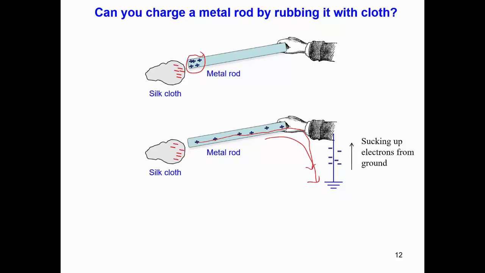Your body provides a path to the ground, so whatever excess charge develops quickly drops to zero, because you're grounding it. You're discharging everything to the ground, and that's why a metal rod usually cannot be charged with static friction.